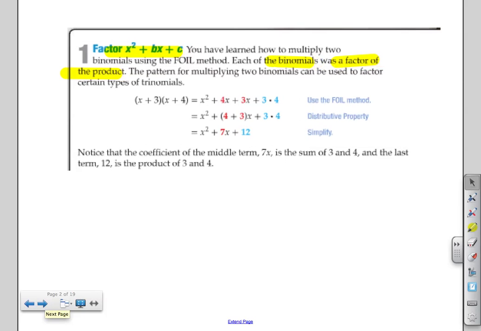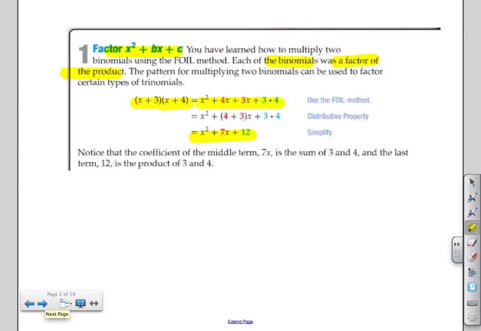Here we have x plus 3 times the quantity x plus 4, and we FOIL it: x squared plus 4x plus 3x plus 3 times 4. We combine like terms and end up with x squared plus 7x plus 12. We all know how to do that.